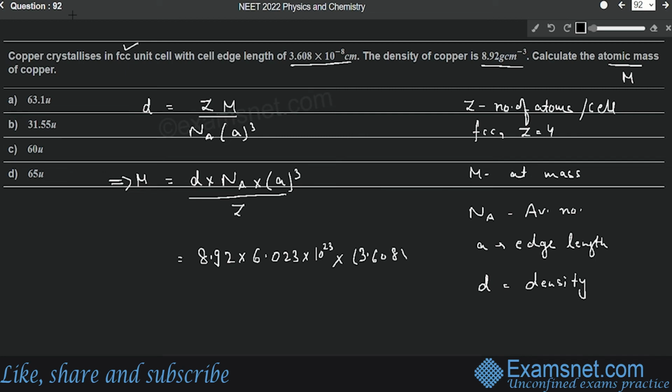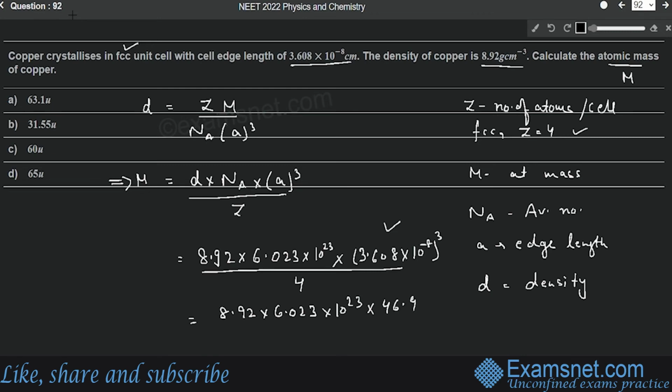3.608 into 10 to the power minus 8, and we have to find the cube of edge length, right? Divided by Z, that means 4. Okay, so here if we calculate, it will be 8.92 into 6.023 into 10 to the power 23 into the cube of this, which will be 46.97 into 10 to the power minus 24, divided by 4.